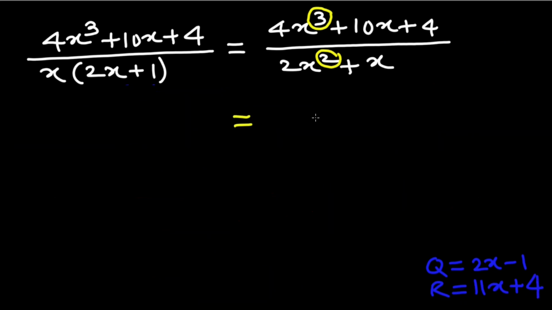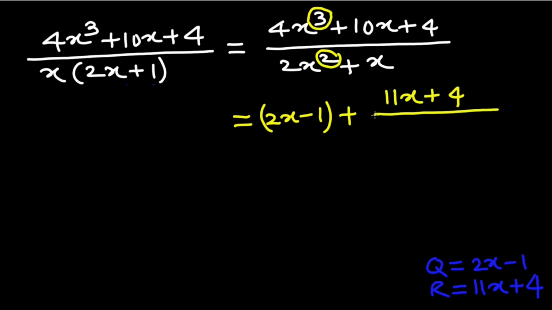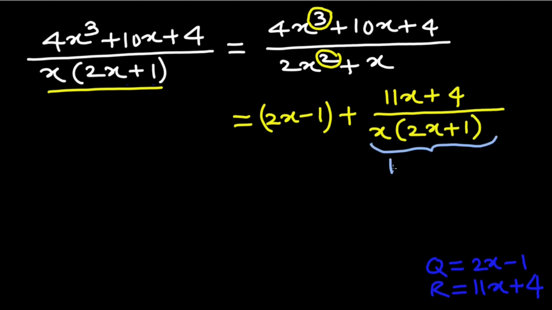So we write this improper rational function as 2x minus 1, which is the quotient, plus 11x plus 4, which is the remainder, divided by the divisor, which is x into 2x plus 1. Now this is a proper function which can be resolved into partial fractions by usual method.